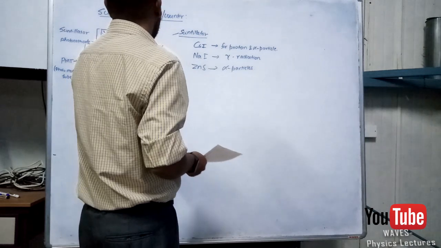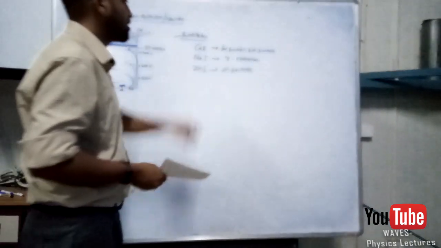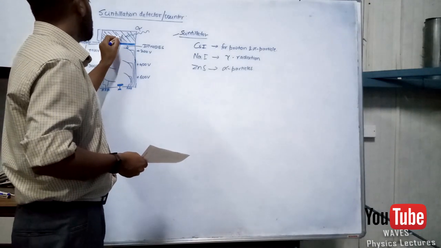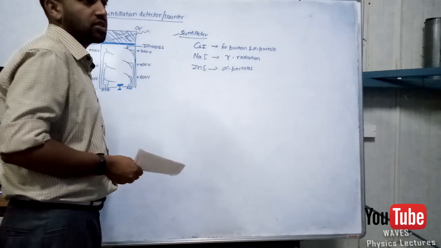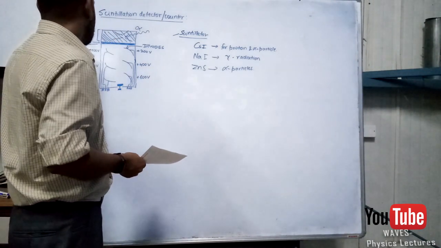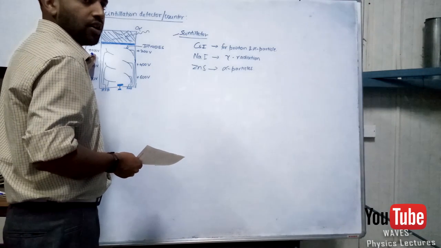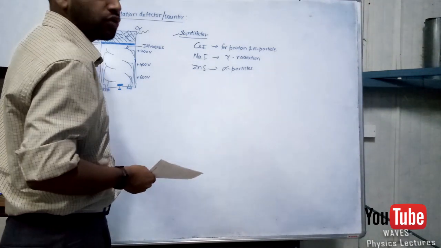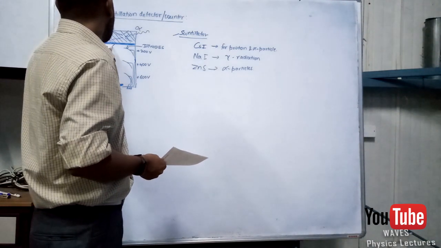Let's say an alpha particle, and let's say it's made up of cesium iodide or zinc sulfide, and then it's going to emit these scintillations. And this scintillation is basically going to hit the photocathode. And what is the photocathode going to do? It's going to eject electrons. So we have got the electrons which get ejected.